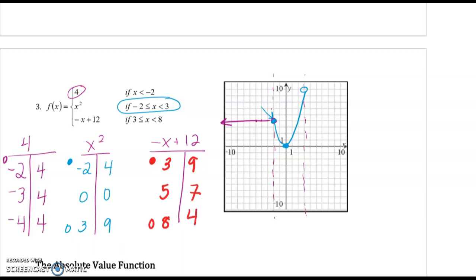So 3, 9, once again, that happens to be that same point, so we just fill it in, and that's okay. 5, 7, 3, 4, 5, 3, 6, 7, and 8, 4. And that's going to be an open circle right there. And it ends right there. And that is our final piecewise.